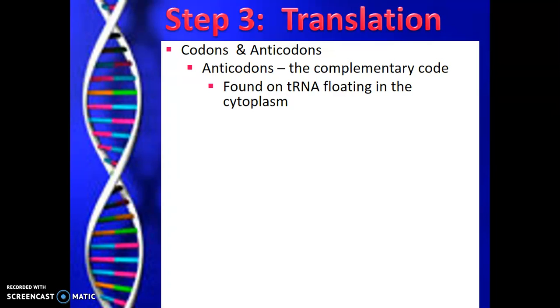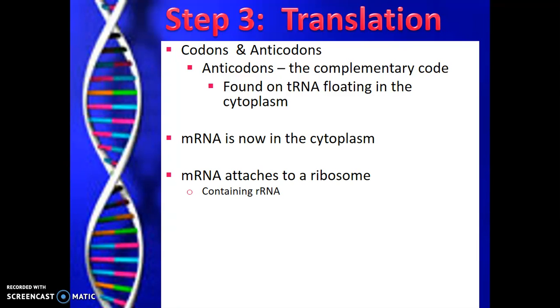Okay? If you don't understand that, once again, pause the video, ask me for some help to make sure you understand. We can write this down so that you can see it. So, after we edit, the mRNA is going to leave the nucleus and go out into the cytoplasm. And it's going to find a ribosome and attach to the ribosome.